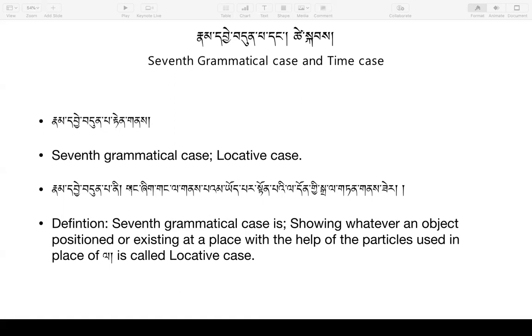And out of the 8 dependent particles, we are already covering 2 now. So the seventh grammatical case, the locative case.